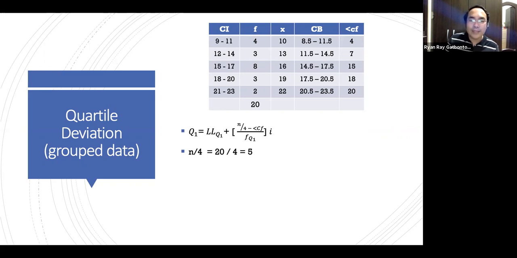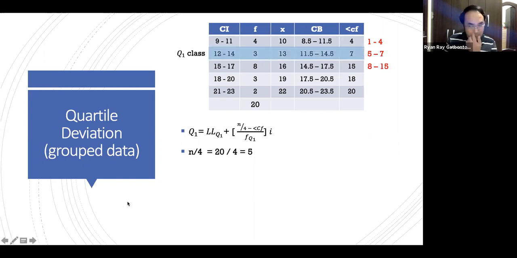Now, if we identify the first quartile class, it is located in this portion. So this one contains the first quartile class. And to compute, we substitute 11.5 plus 20 over 4 minus 4, divided by 3. We get a first quartile value of 12.5.